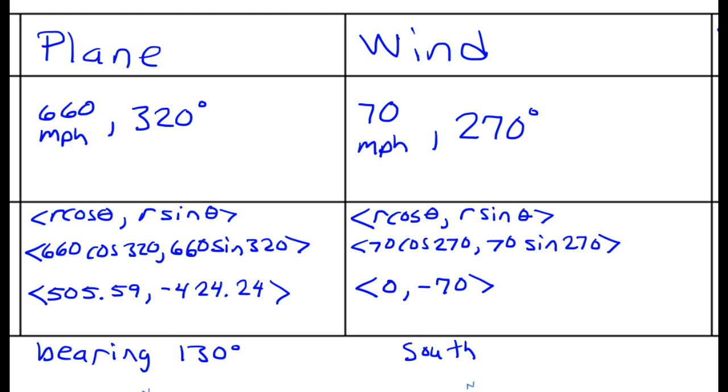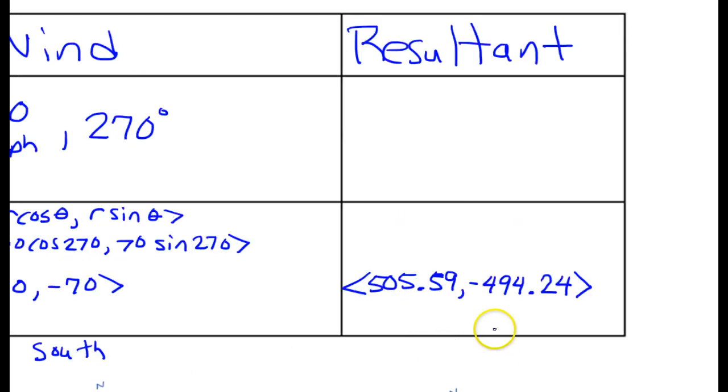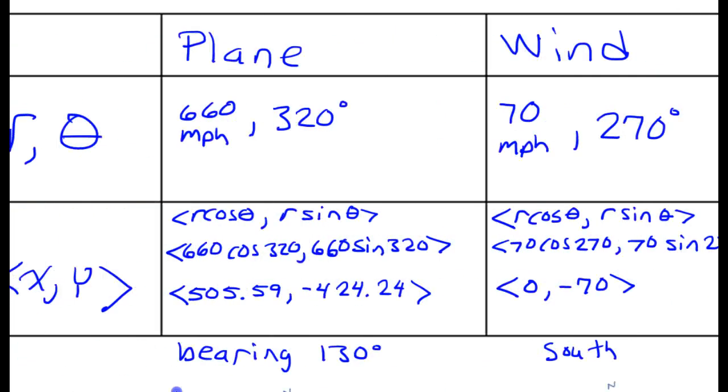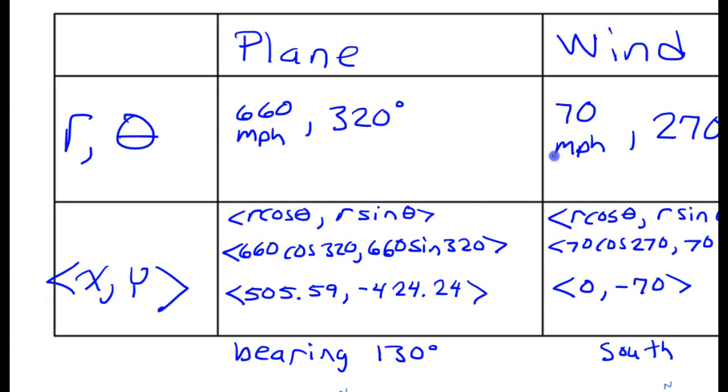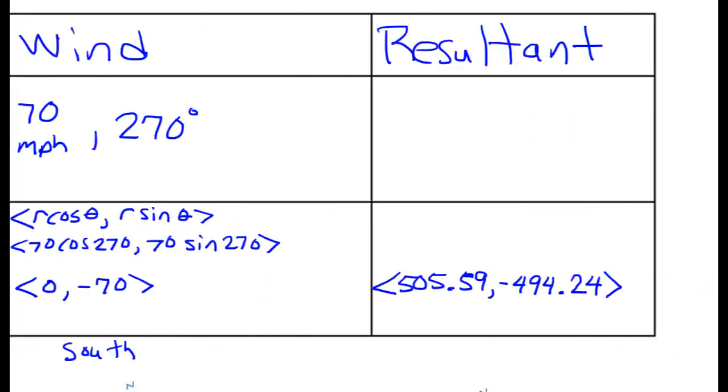Use a calculator. So the resultant vector in component form is this, 505.59, comma, negative 494.24. But we need the magnitude and the direction of the resultant vector, just like we had the magnitude and direction for the plane and the wind separately.